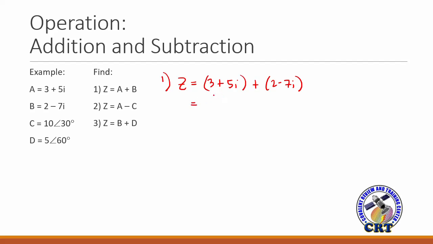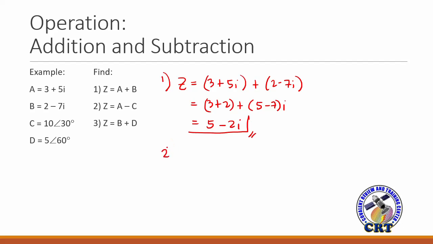So you just need to add the real part to real part and add or subtract the imaginary parts. So the solution for this is simply 3 plus 2 for the real part, plus 5 minus 7i for the imaginary part. And for the final answer, this is 5 plus negative 2, so this is negative 2i. This is for number 1.